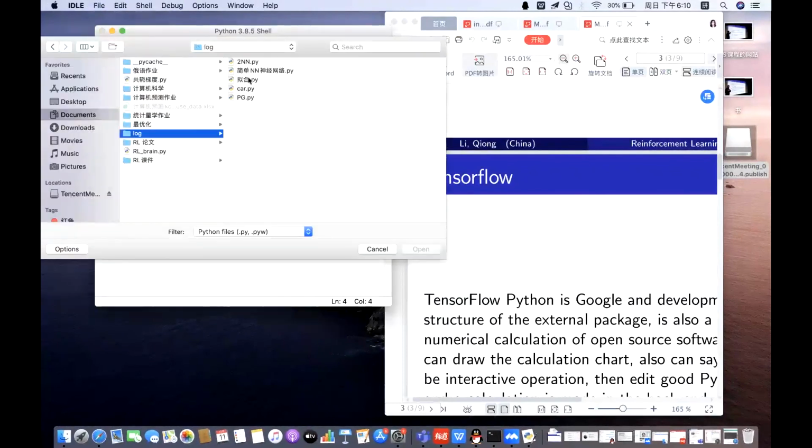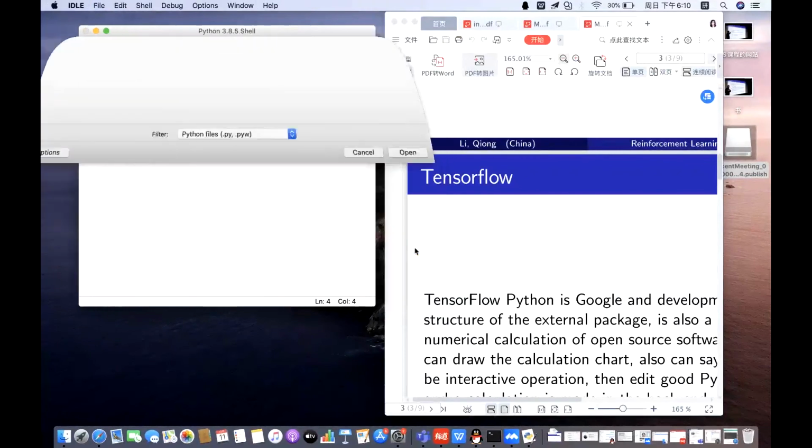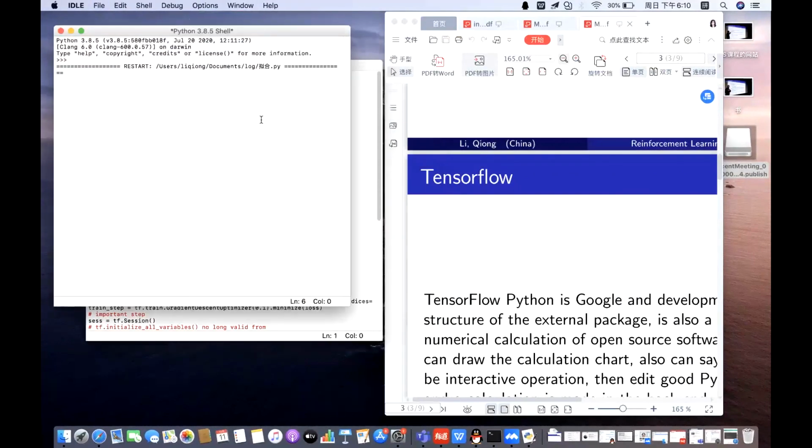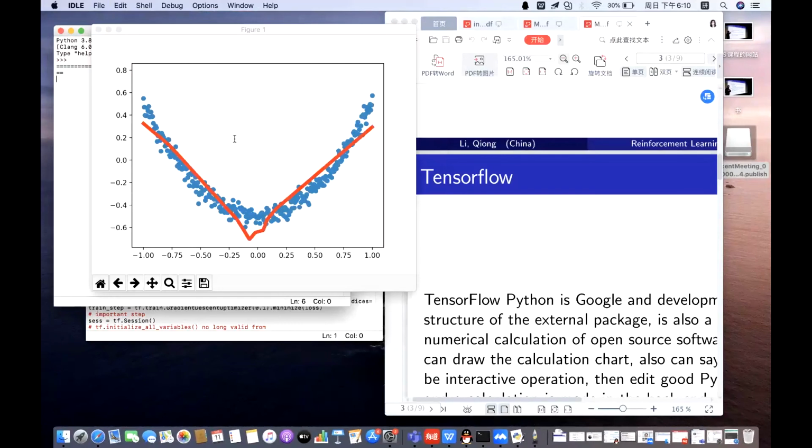It's a very simple example: to make the red line fit the blue randomly generated points.